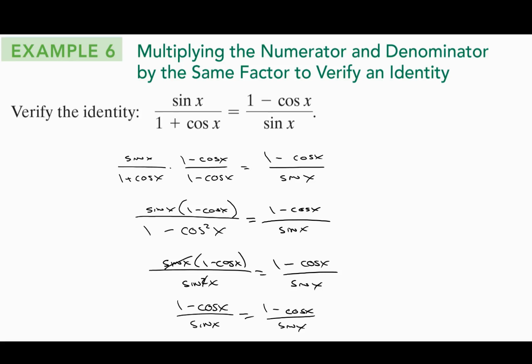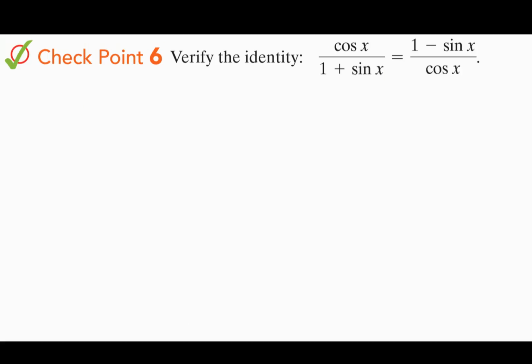So again, what I do here is I multiply the left side by the conjugate of the denominator, because a single cosine is not going to be able to change into anything, but a cosine squared has a chance to if you have a Pythagorean identity. So 1 minus the cosine squared can make something cancel out for you.